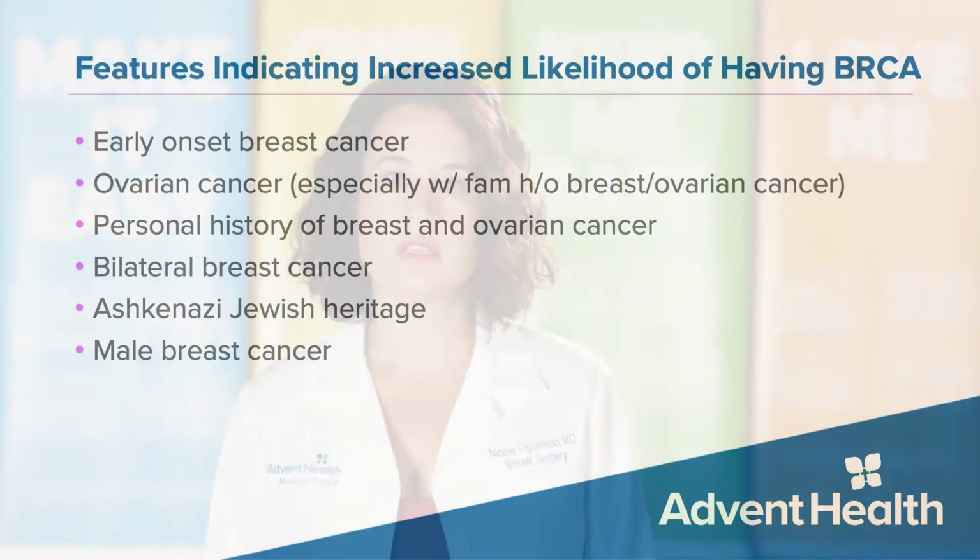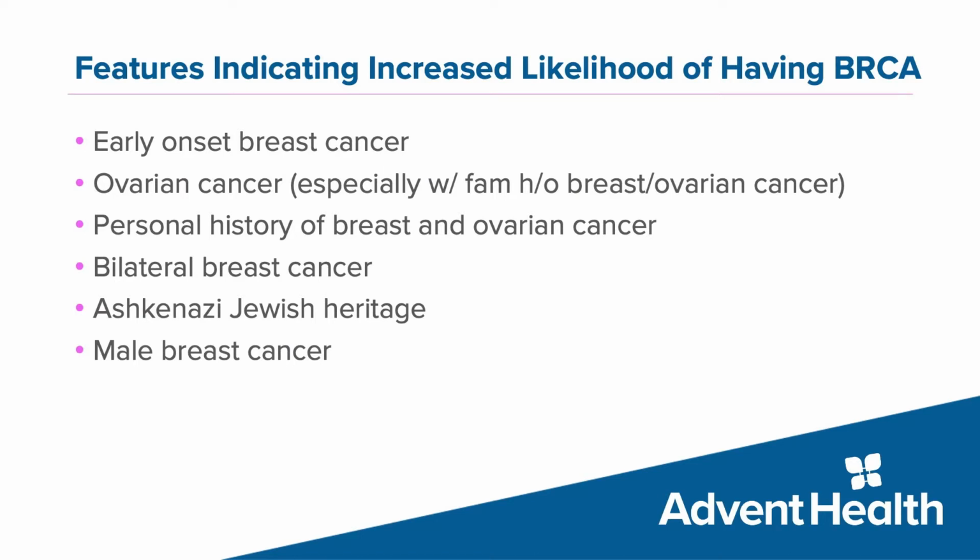Some features that may indicate an increased likelihood of having one of these hereditary breast cancer syndromes, such as BRCA1 or 2 gene mutations, include early onset of breast cancer, ovarian cancer, especially with a family history of breast or ovarian cancer, a family history of breast and ovarian cancer, bilateral breast cancers, Ashkenazi Jewish heritage, and male breast cancers. So it's important to not only know your personal history, but also your family's history of breast and other cancers on both your maternal and your paternal side.